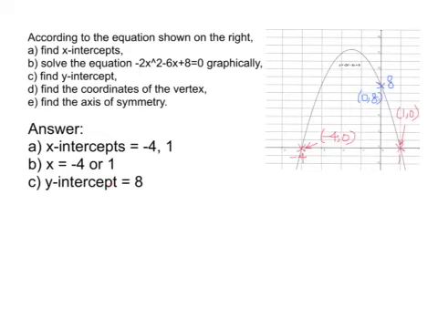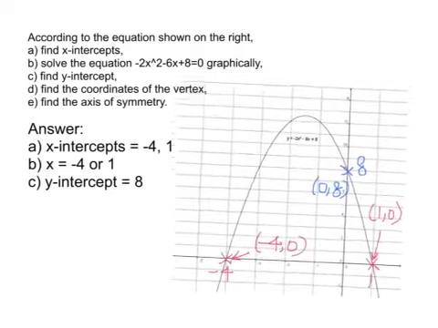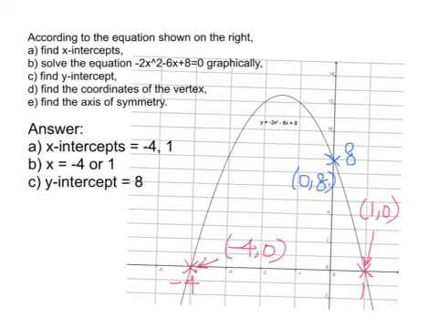Very easy, right? Now part D, find the coordinates of the vertex. What exactly is the vertex? Well, this point at the top, or you can call it the peak. This little point is the vertex. If I make this bigger here, it's not hard to say that this point is the top part.